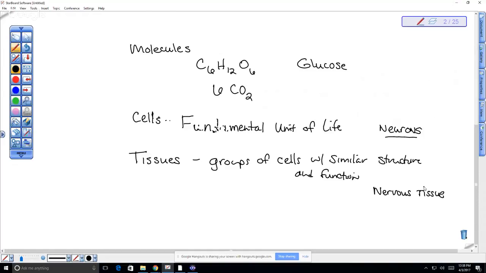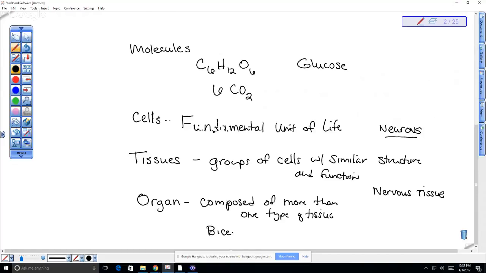Then we have the organ. So the interesting thing about organs is they are composed of more than one type of tissue. Okay, so let's look at the biceps brachii.